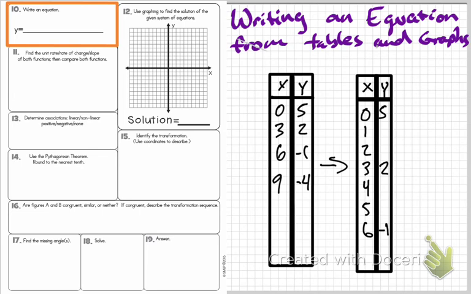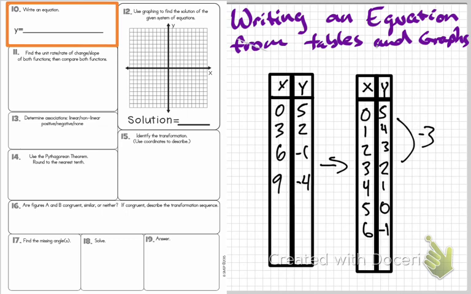So let's go ahead and look at our key pieces here. I'm going to notice that my change was happening by minus 3, but that was happening over 3 x values, so that means it's really going to be changing by 1 for each x value. And essentially, I can complete that pattern and make sure that my numbers match up.